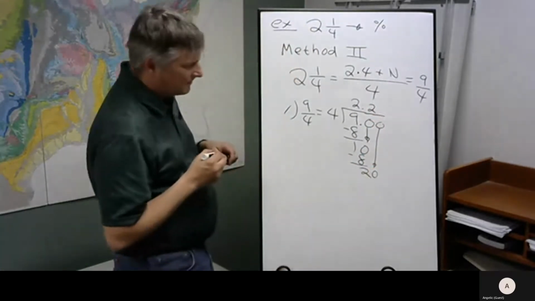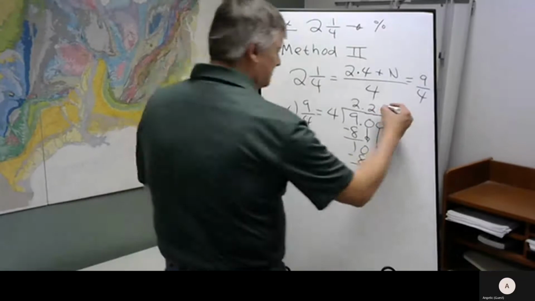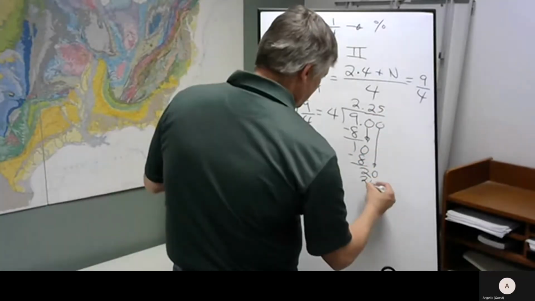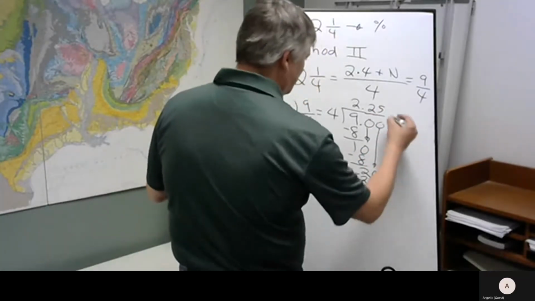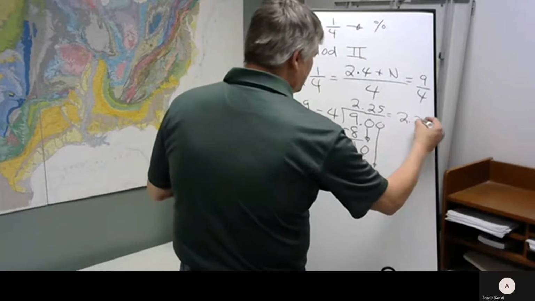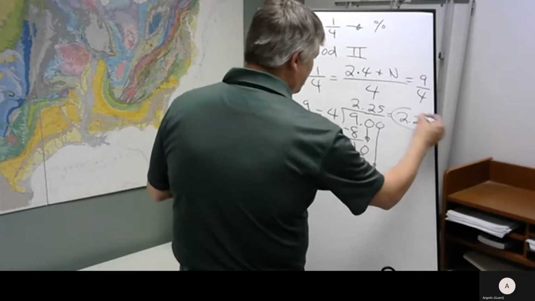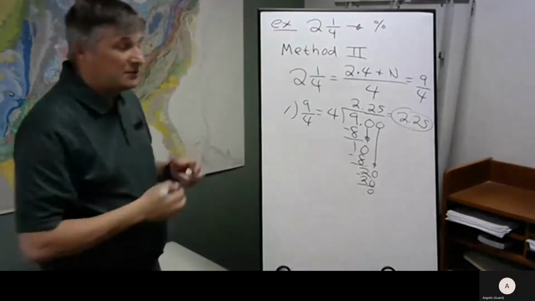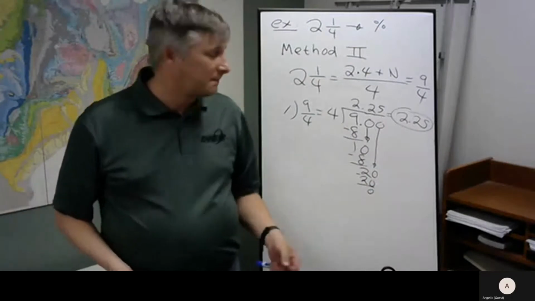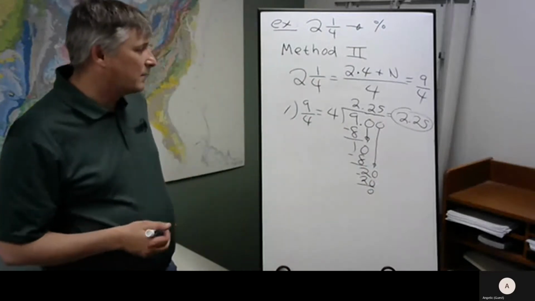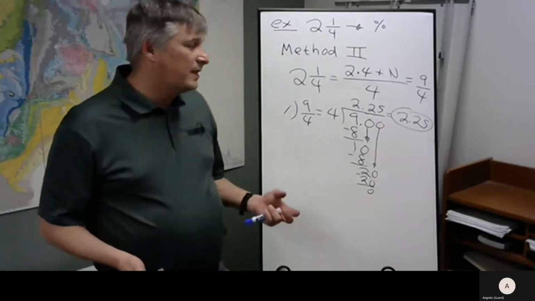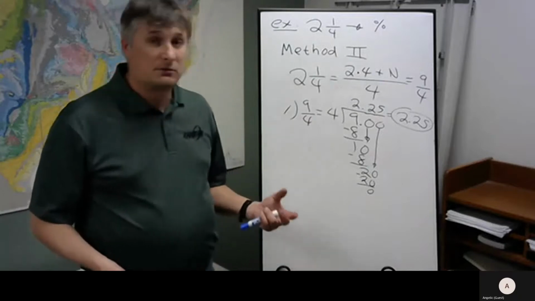Bring that in. 5 times 4 is 20, 0. So we get 2.25, which is the same decimal we had before. Then what we're going to do for step 2 is just move that decimal point 2 spots to the right.